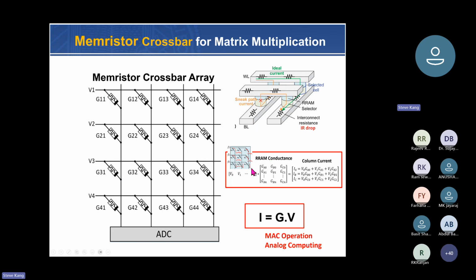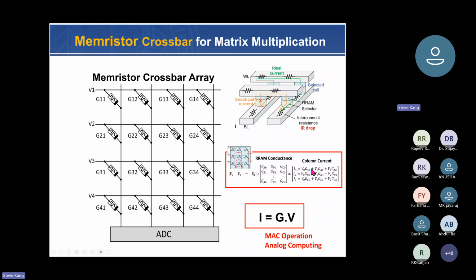In digital computation, you have a matrix of conductances multiplied by input voltage to create the current. It's like a matrix multiplication, but in the analog fashion, with the memductance, the current is already flowing out. It's already done by Ohm's law. And then Kirchhoff's current law adds them up together.